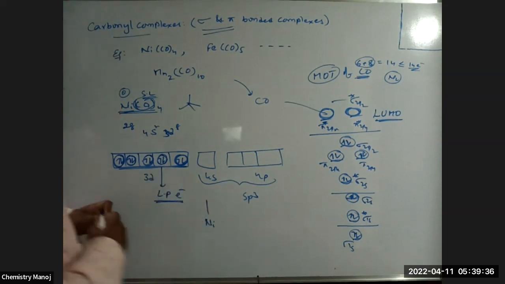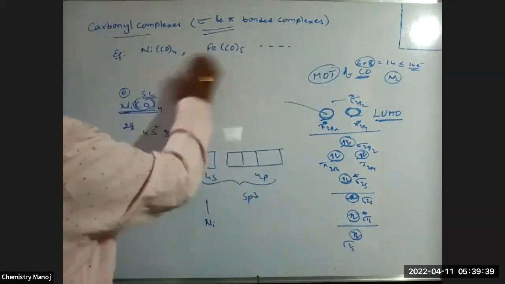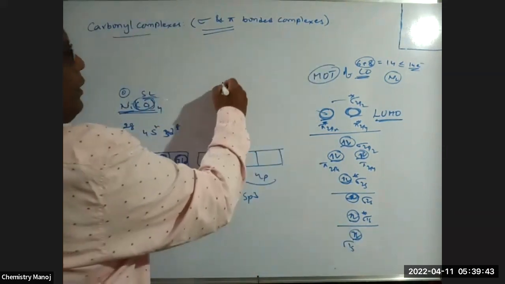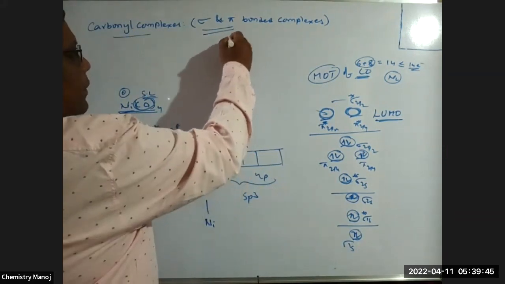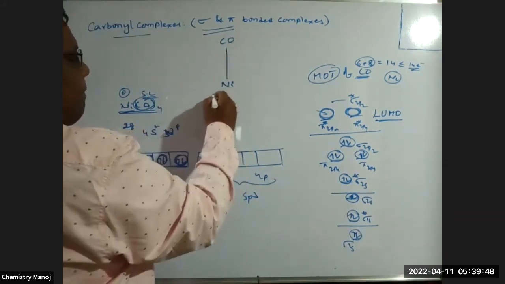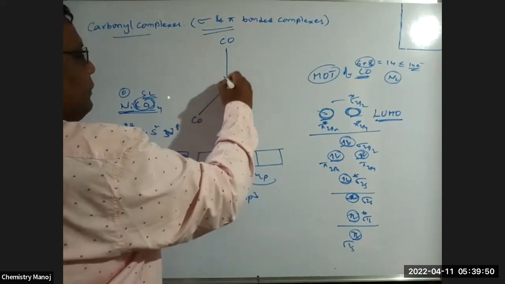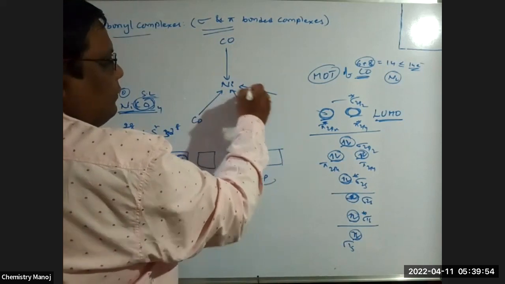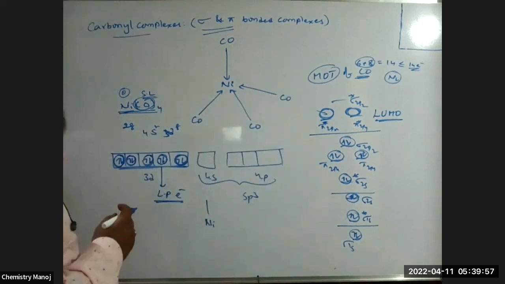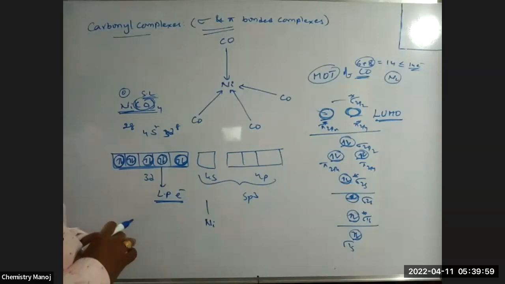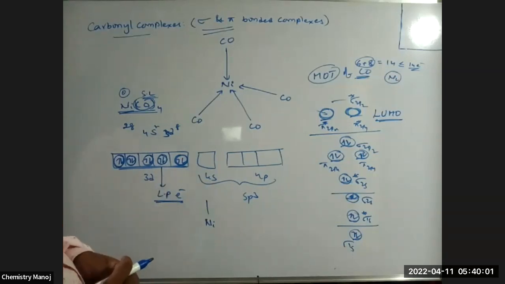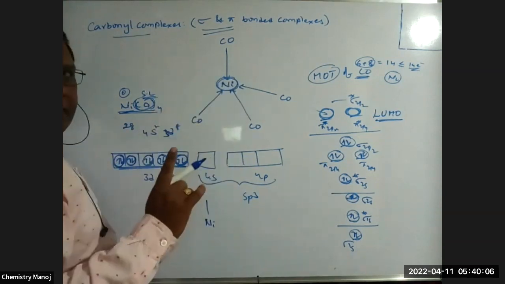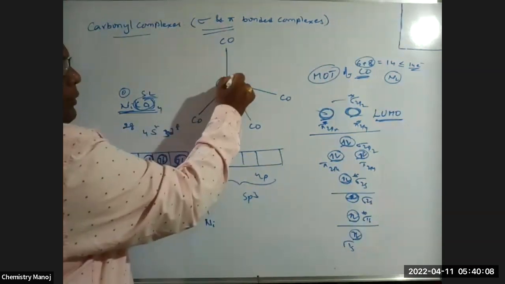Now, in nickel carbonyls, Ni with carbon monoxide, carbon monoxide, carbon monoxide, carbon monoxide, it is happening just like our previous complexes. But nickel has lone pairs. How many lone pairs?